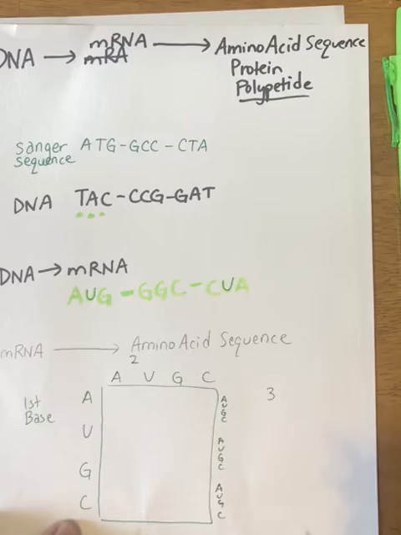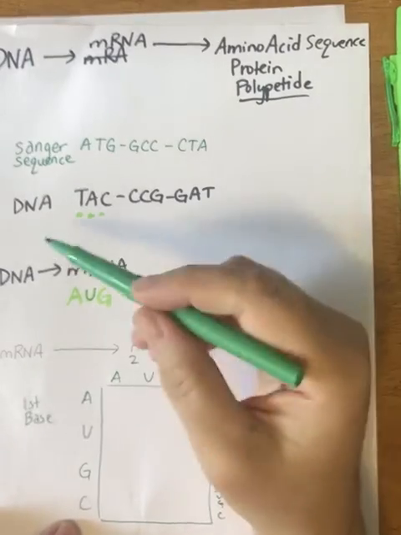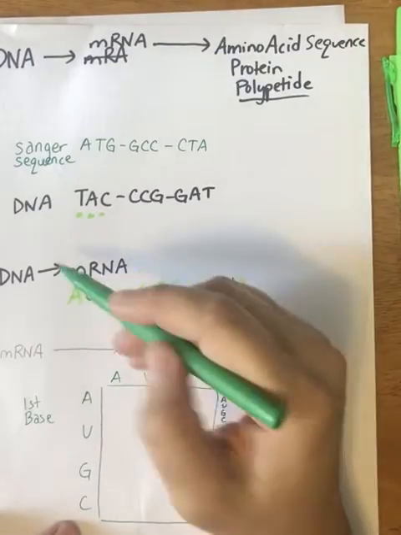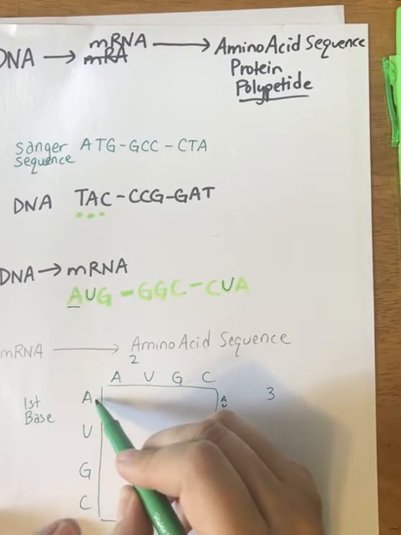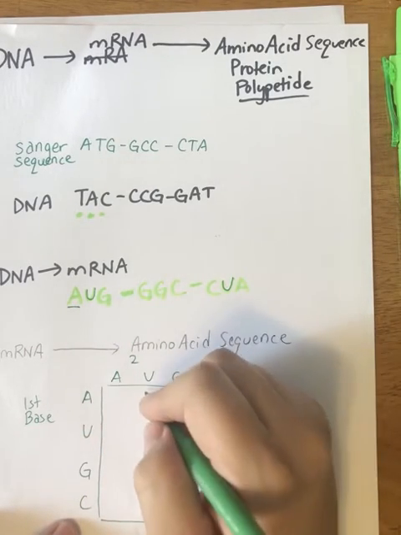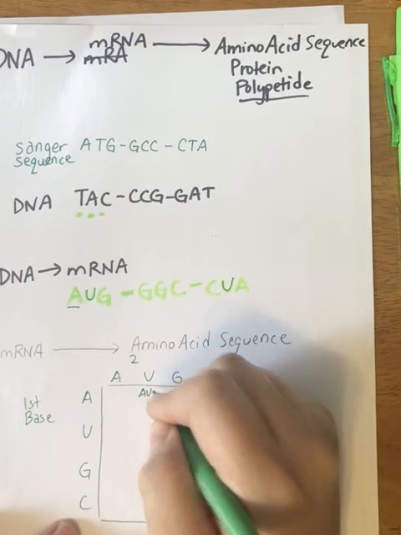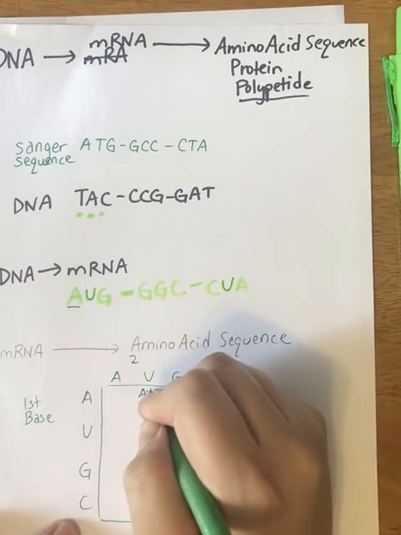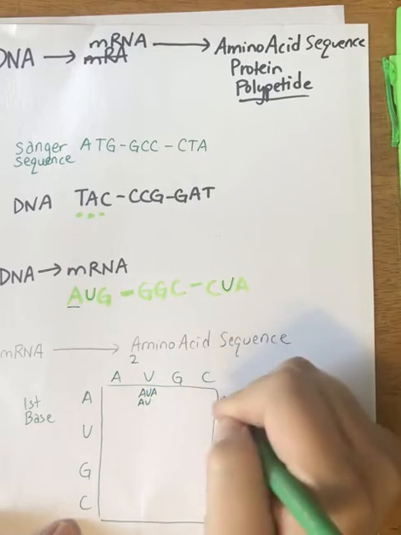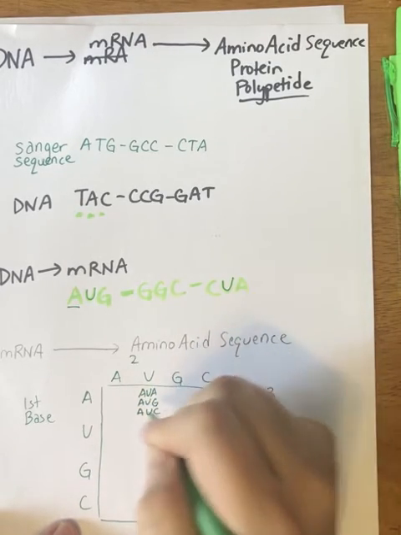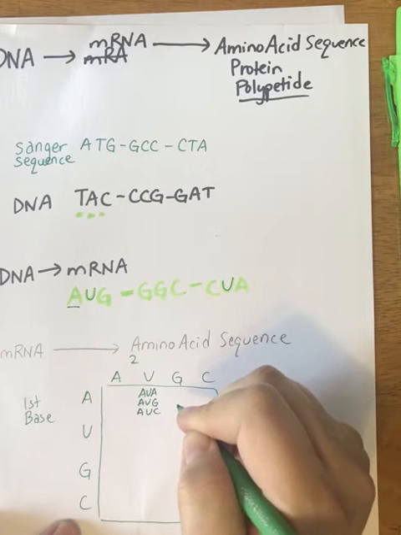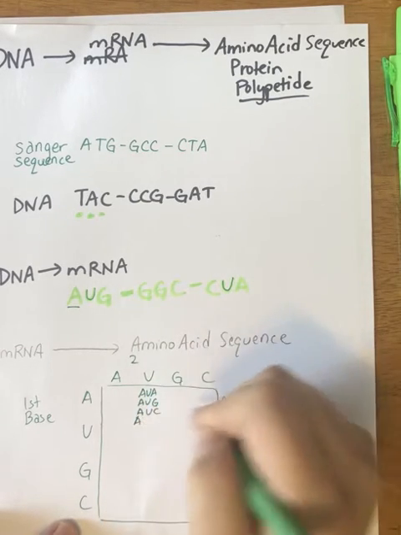It's something like that. So when you read your mRNA, this is your first base. So you would go A is your first base, and then the second base is A, U, G, C, and then the third base A, U, G, C.